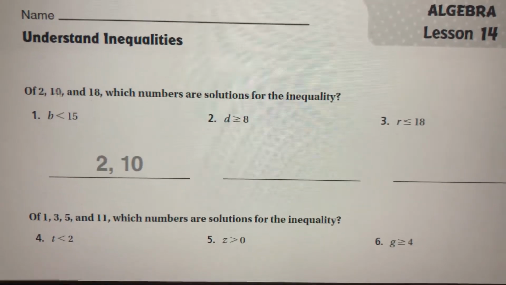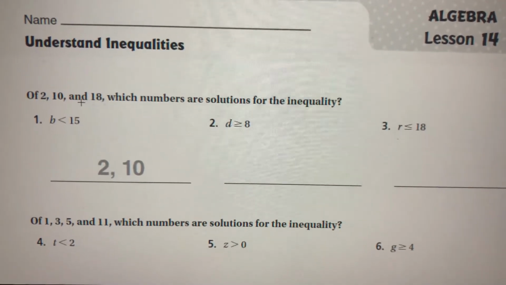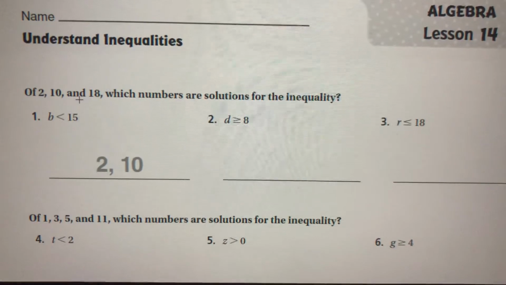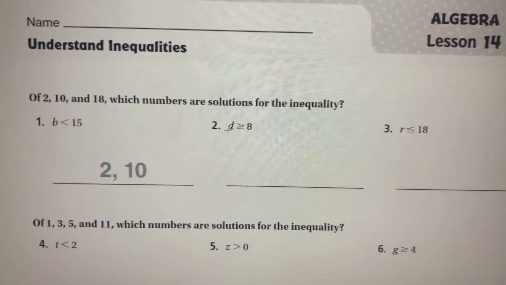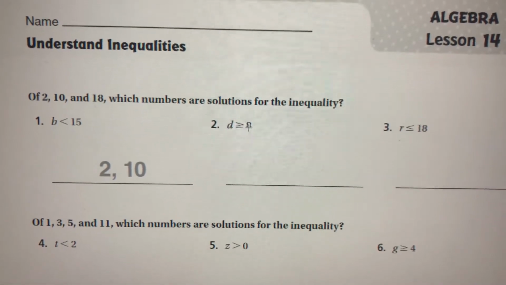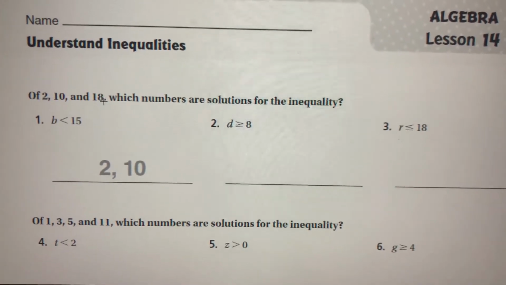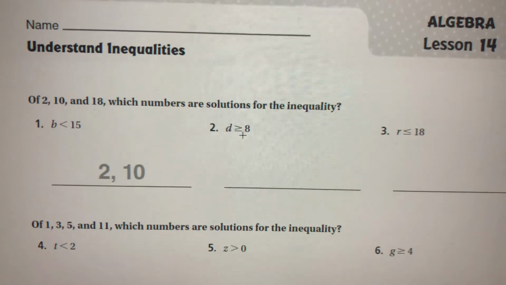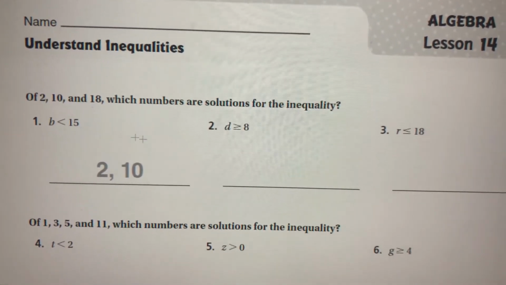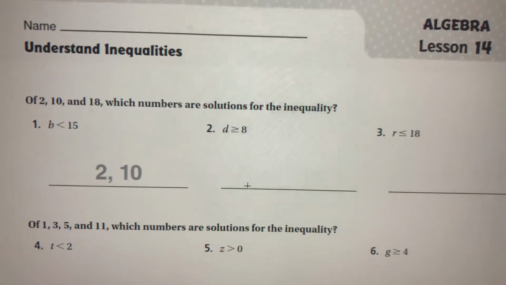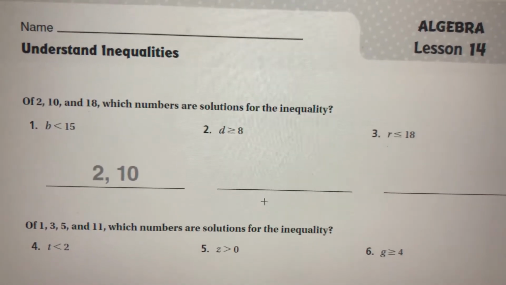Since we only have these 3 numbers, we're only going to use the ones that make it true, okay? So we have 10. We can use 10 here because 10 is greater than 8. And we can also use 18 because 18 is also greater than 8. We cannot use 2, right? Because 2 is less than 8. So for this one, we would do 10, 18.